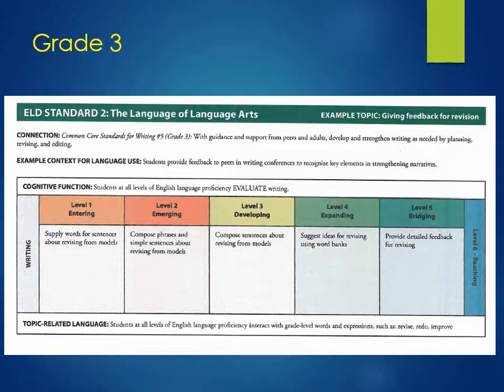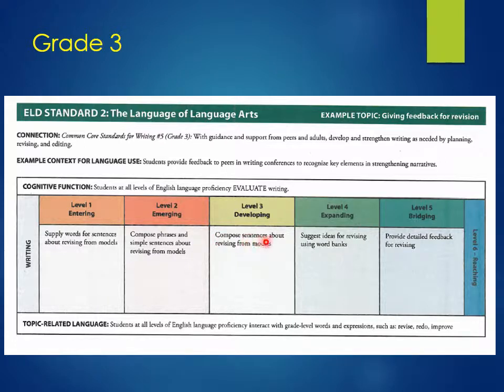How are they going to use language to evaluate? And you have different MPIs for different language levels, okay? So at the higher level, they're actually going to provide constructed responses, detailed feedback, okay? Level 4 would be more to suggest ideas, perhaps not in as much extended discourse, using word banks as the differentiated support. So the language function is suggest, right?